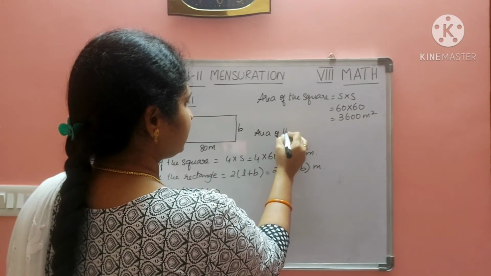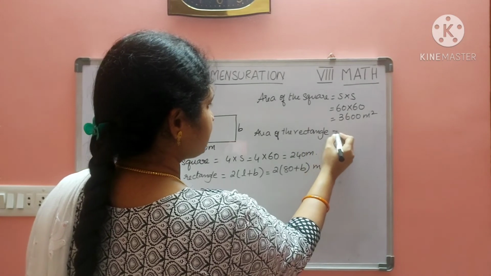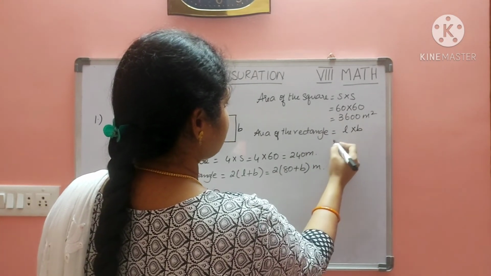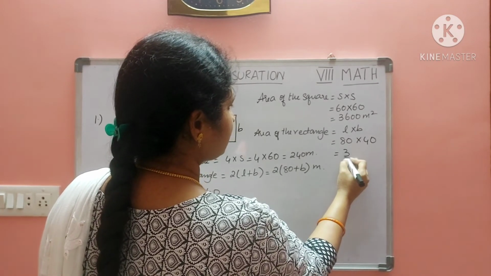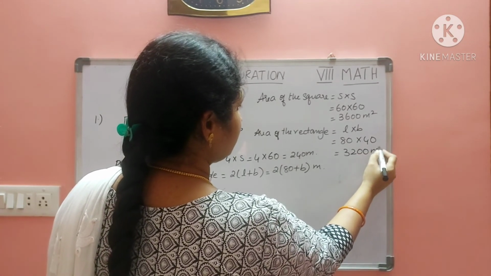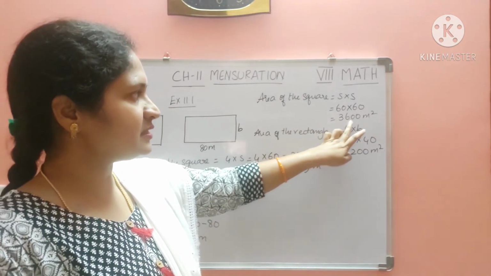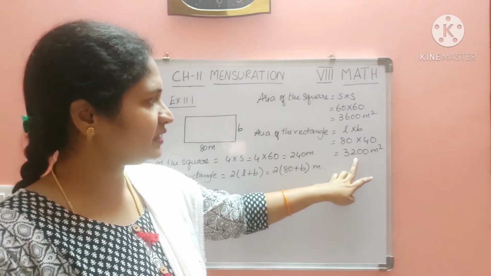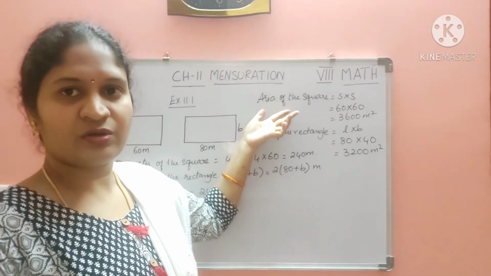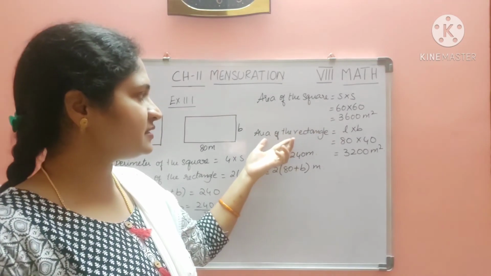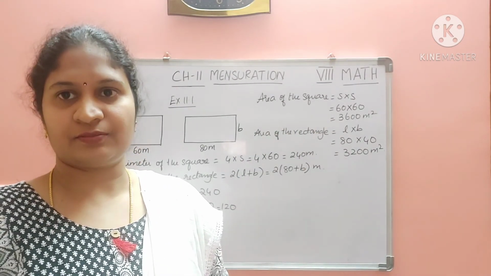Area of the rectangle is L into B, which is 80 into 40, which is 3200 meters square. By comparing, 3600 meters square is greater than 3200 meters square. So the area occupied by the square is larger than the area occupied by the rectangle. This is the first problem. Clear?